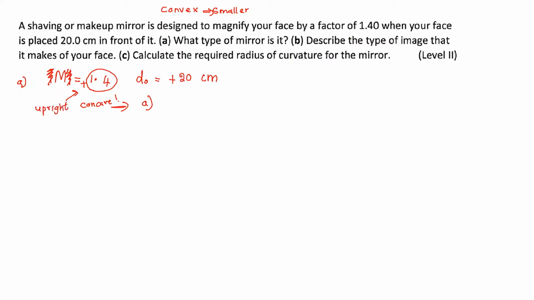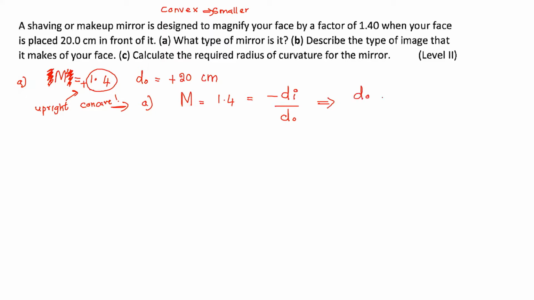So that is why I removed this magnitude symbol, because we know a shaving mirror should give you an upright image. So M is 1.4, and also we know M is given by negative di over d naught. Since I know the value of this, whether it's positive or negative, I'm going to use it as it is. I'm not going to put any magnitude signs.